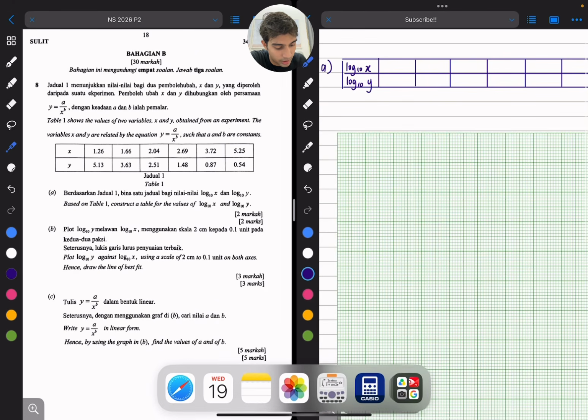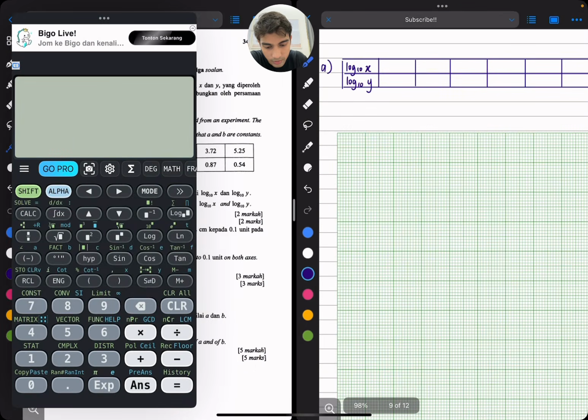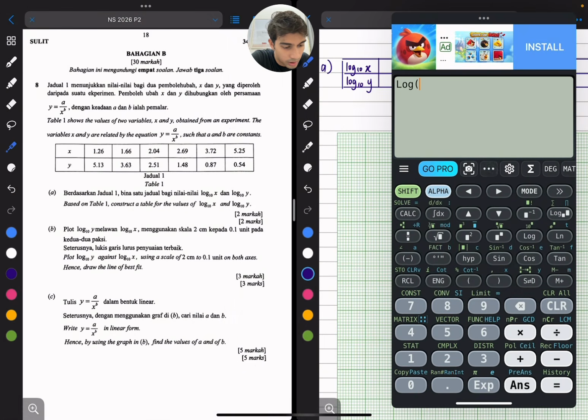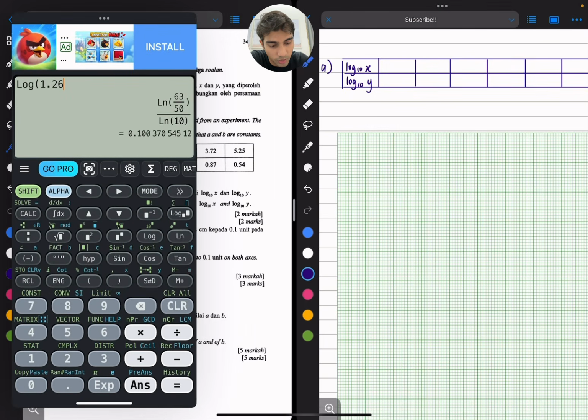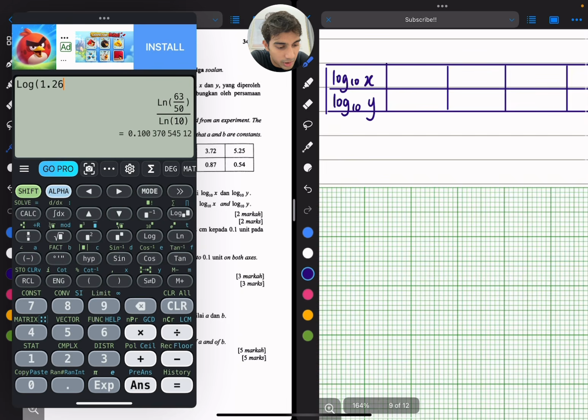Okay, so we put our values in our calculator. We have log 10, 1.26, 0.10. Okay, here you must write it in 2 decimal places. Correct to 2 decimal places.